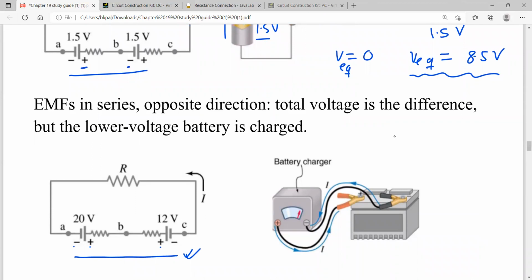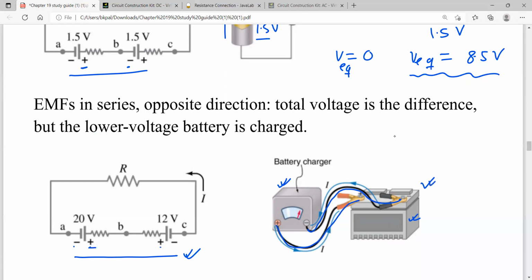For example, in a car, the alternator is one of the EMF sources. This basically charges the battery. If it is the alternator and it is the car battery, you see that here negative is connected to the negative and positive is connected to the positive. That way you are basically charging this battery.